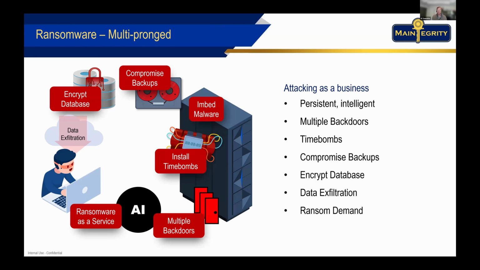Attacks these days are typically multi-pronged. So we've all heard about multiple backdoors being put in, installation of time bombs, embedding of malware, and compromising of backups. That's one kind of style of attack vector, and it happens in most cases.